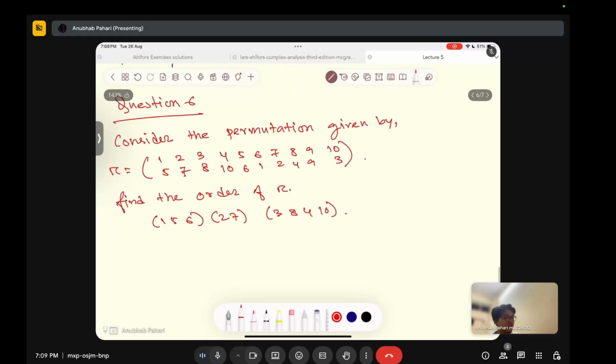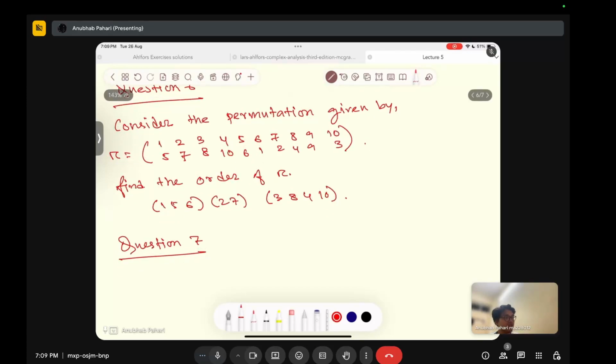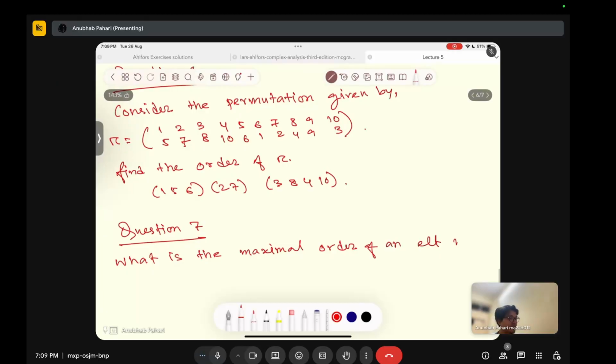Okay, let's try this question. Question 7: what is the maximal order of an element in S7?